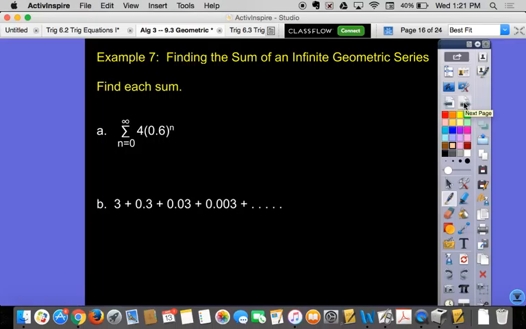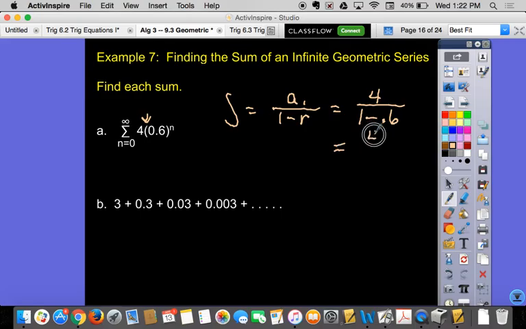So let's look. It says find each sum. Well, let's see. We have S equals a sub 1 over 1 minus r. That means a sub 1 is 4, and r is 0.6. All you have to do is use the fraction feature in your calculator, type that in, and it'll come right out.